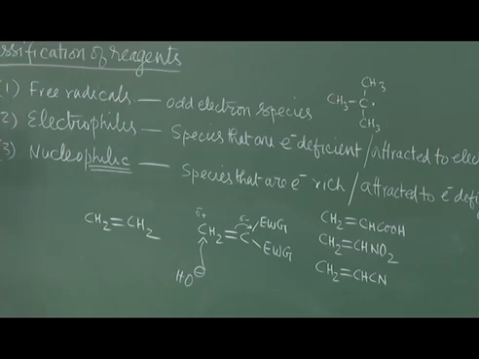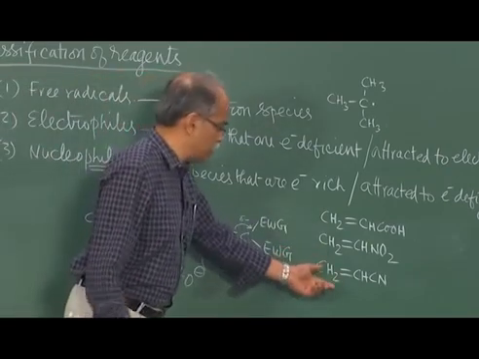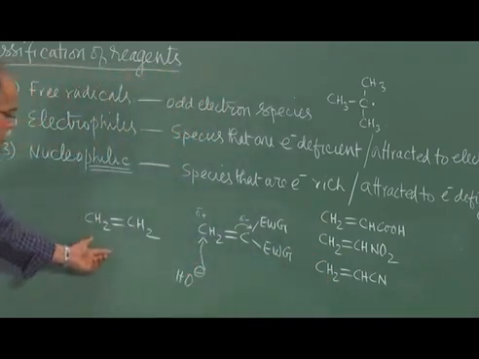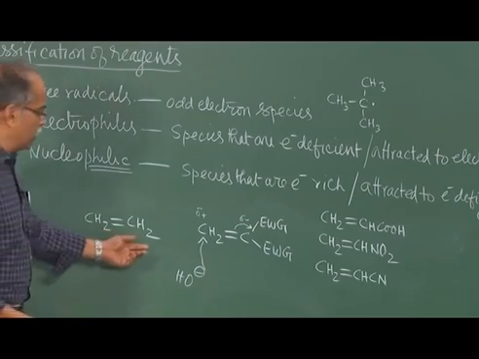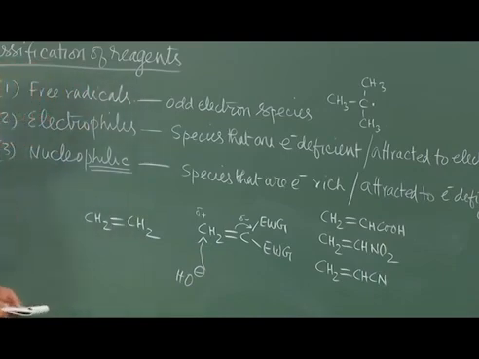These are electron deficient double bonds in comparison to ethylene itself or butene itself, which are considered to be electron rich double bonds. So, the electron richness or the electron deficiency is only a relative term in terms of the relative reactivity pattern of the double bonds in this class of compounds.